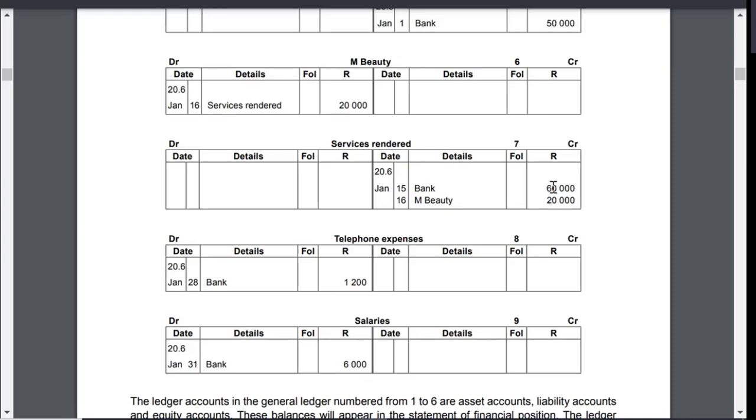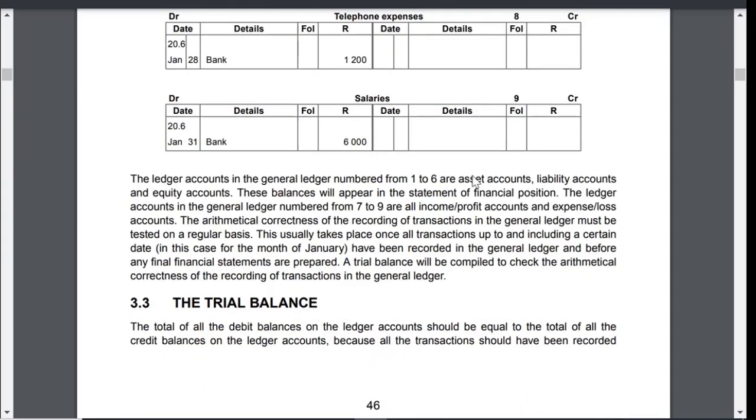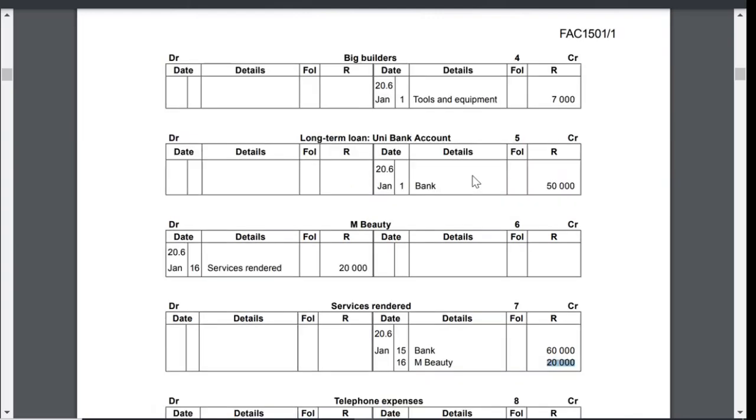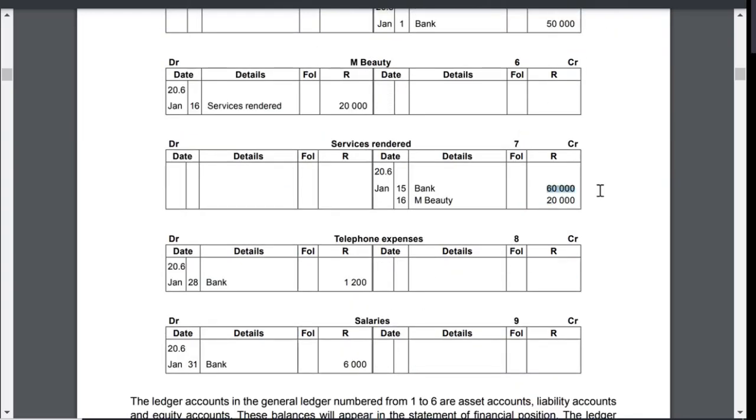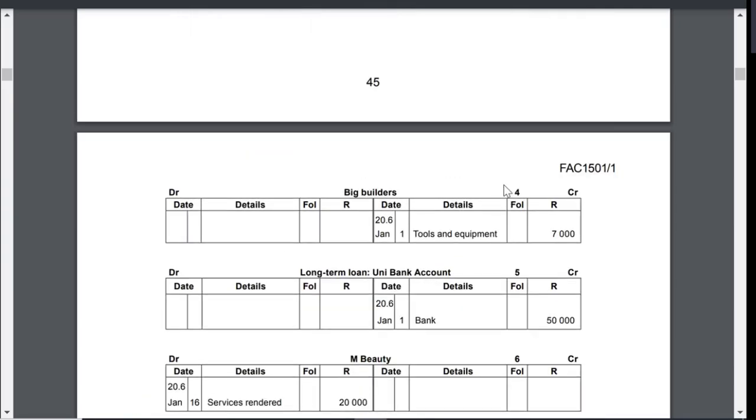This was paid by cash and this was paid on credit. So the total income is 80,000. Can you see? 60,000 plus 20,000, the total income is 80,000.